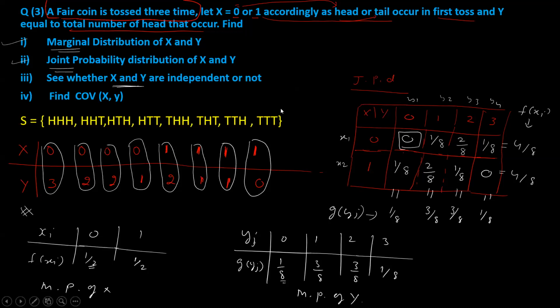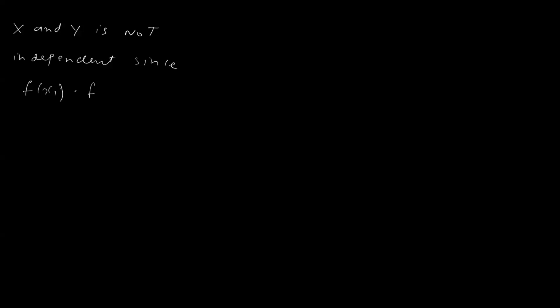I will just write this independence condition here. So x and y is not independent since f of x1 into g of y1 is not equal to j of 11.